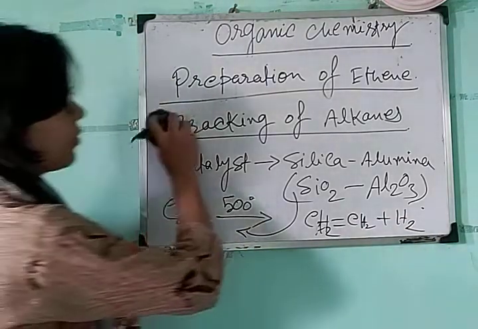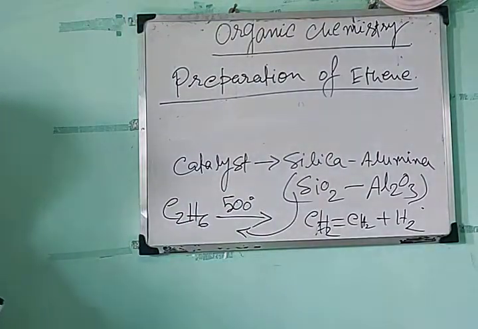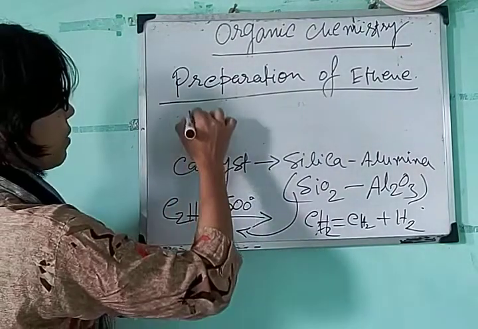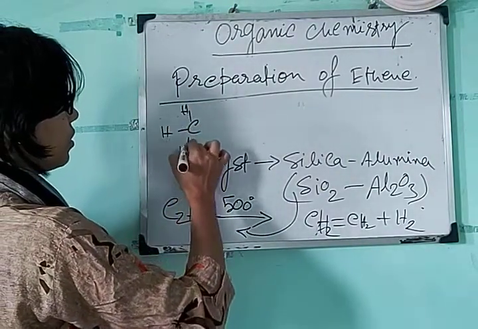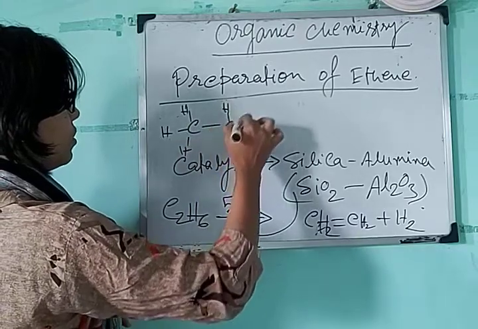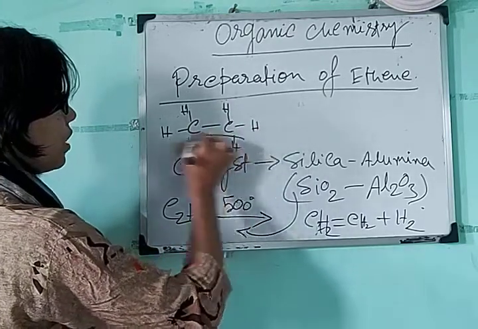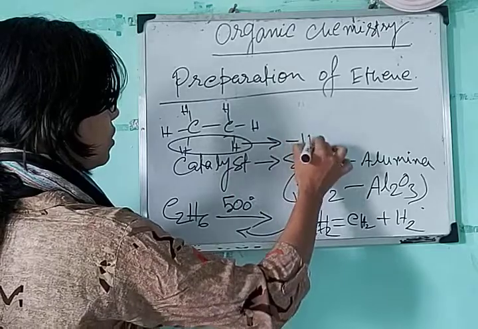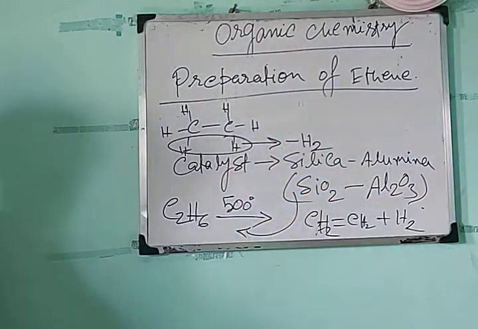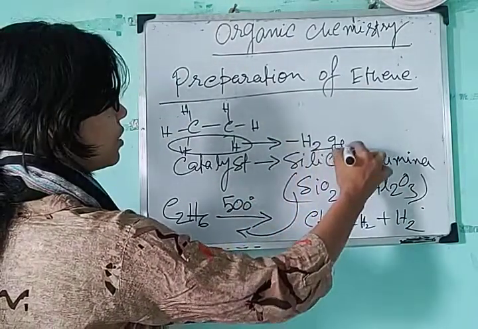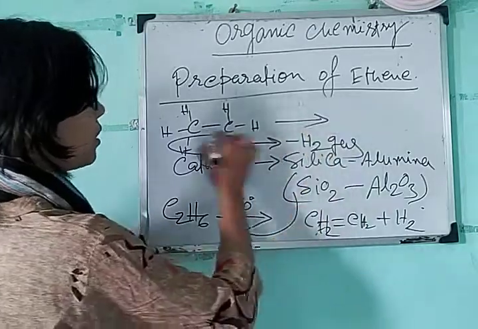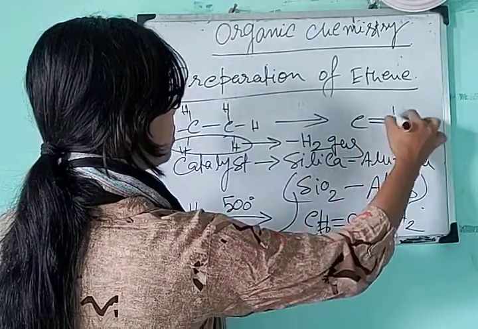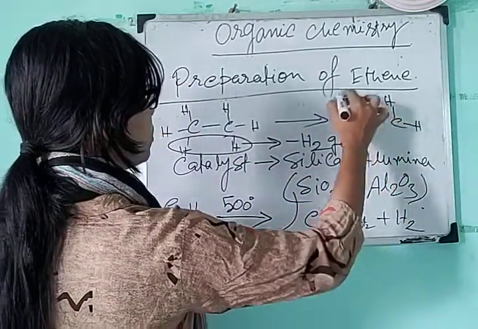Here actually the departure of a hydrogen molecule takes place. This is ethane and this portion is eliminated as hydrogen gas, and here a double bond will appear. So C double bond C, with hydrogens.